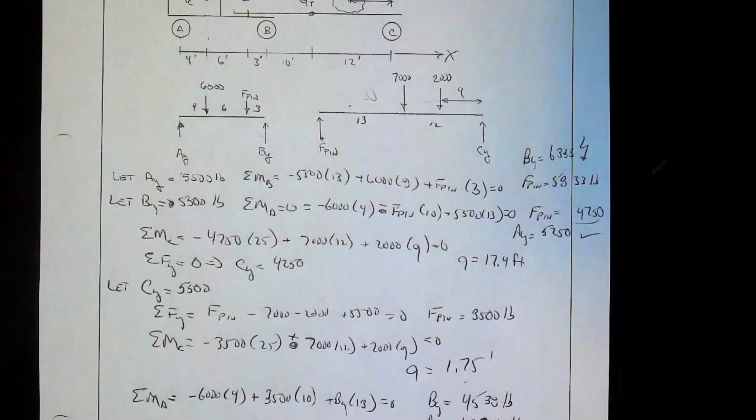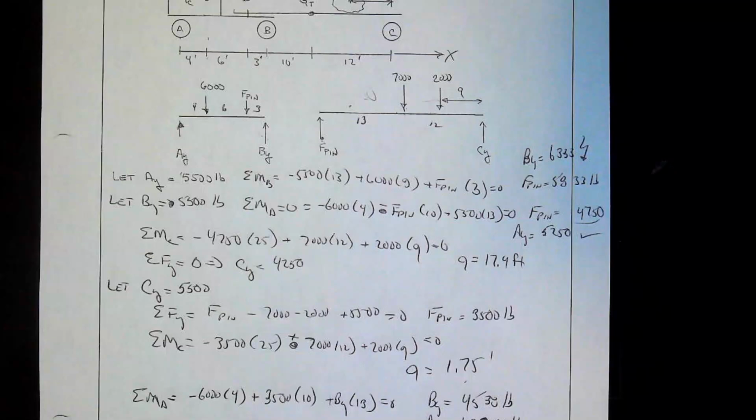We'll say, well, let By equal 5,500. All right, and so if this is 5,500, we take the moments there, solve for F pin, sum forces in the Y, and make sure that the cab is good. So summing moments at A equal to 0, we get minus 6,000 times 4 minus F pin times 10 plus 5,500 times 13.